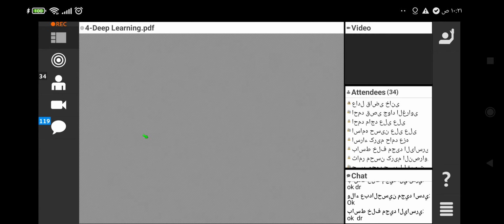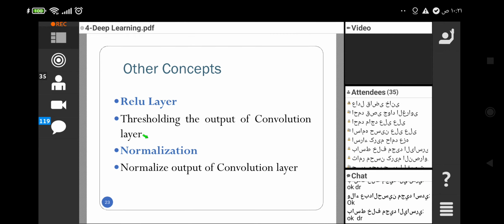But the next layer that we may have is the ReLU layer. What is the ReLU layer?